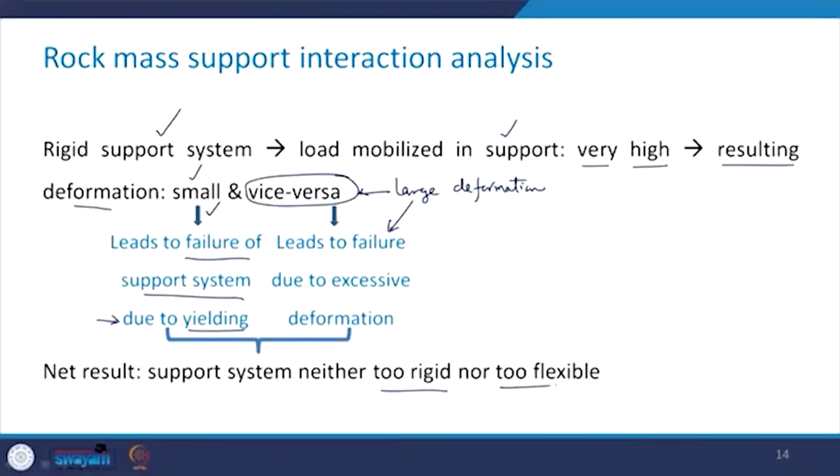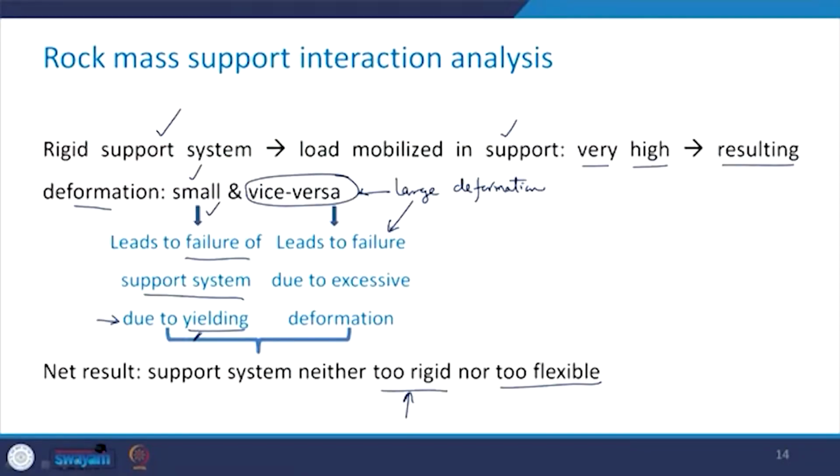So, the net result what we get from here is that the support system should neither be too rigid nor too flexible. If it is too rigid, first thing is it will be highly uneconomical, and the failure will be because of the yielding of the support system.